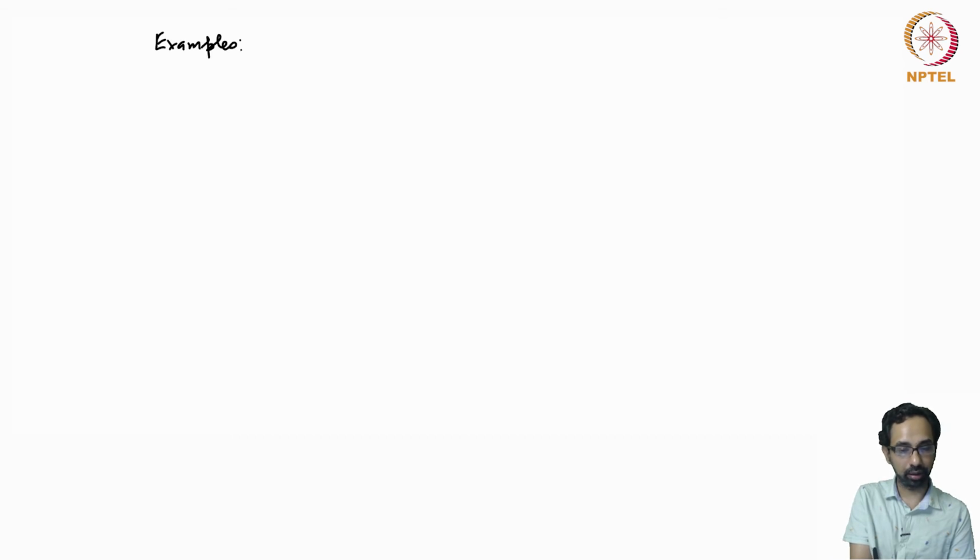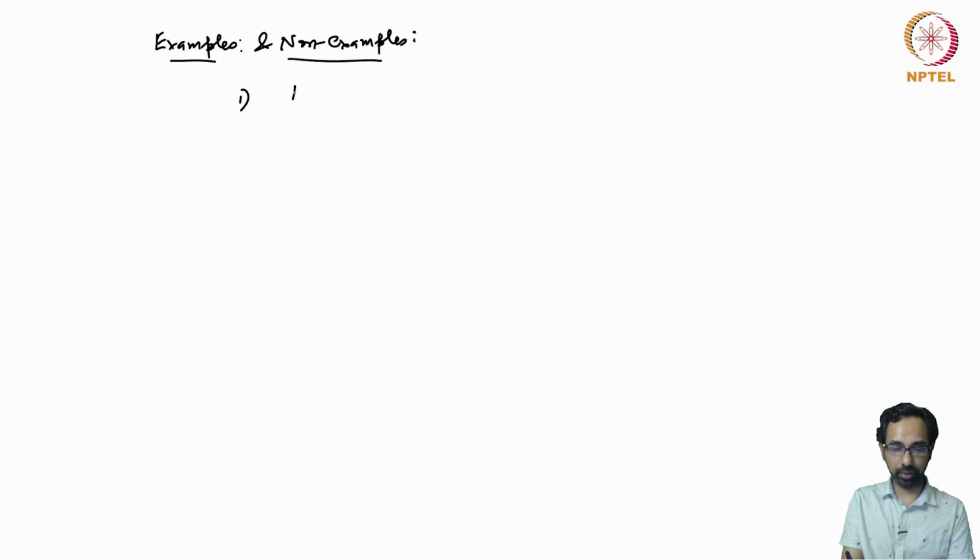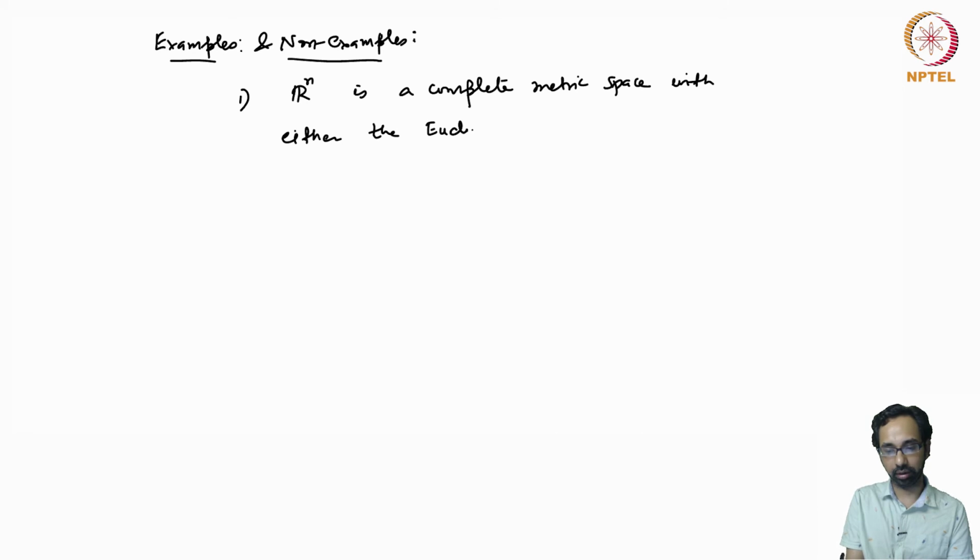Okay, so now let us look at examples of complete metric spaces and some spaces which are not complete, examples and non-examples. So the first example is just R^n. This is a complete metric space with either the Euclidean metric, which we denoted as d, or what is called the square metric, which we denoted as rho.